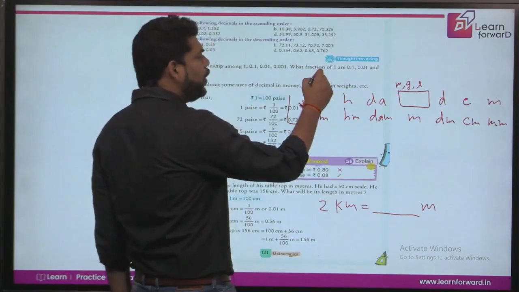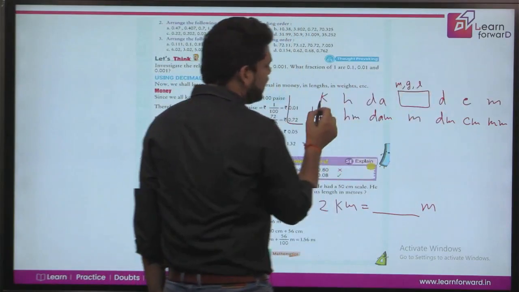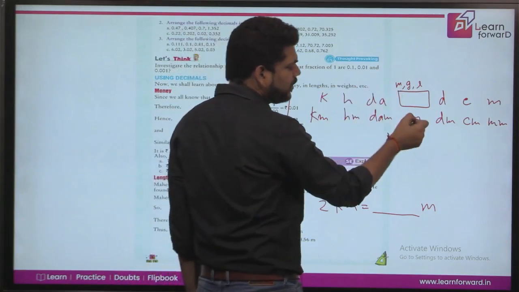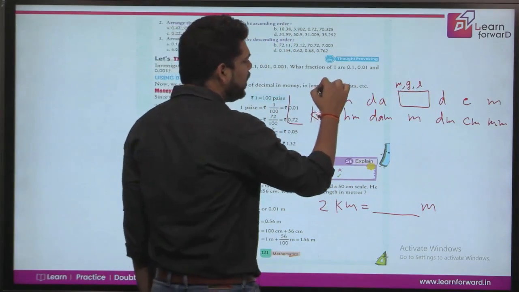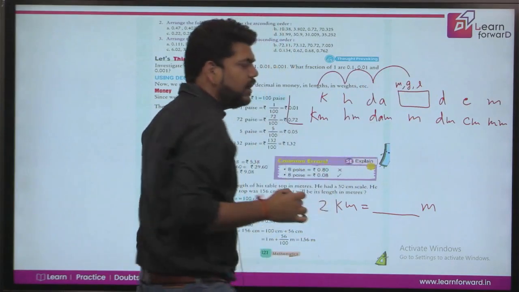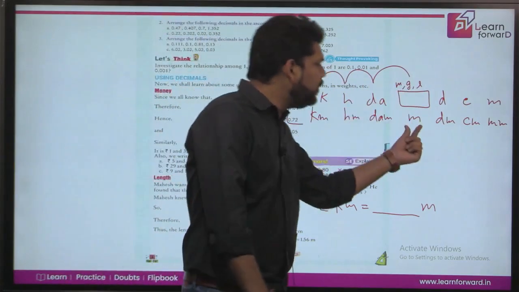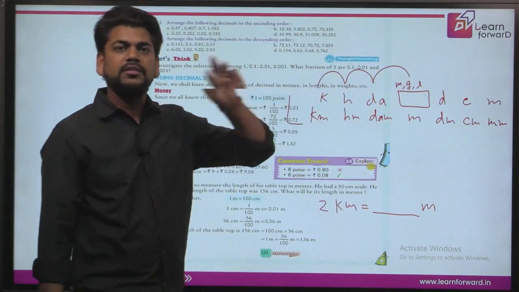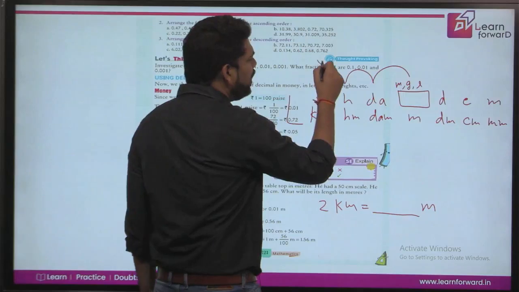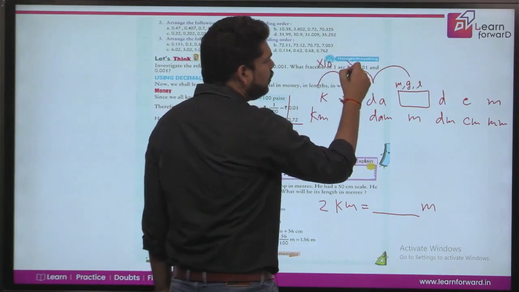If I am going on the right side, let's suppose I am on kilometer, I want to go to meter. How many steps do I need to take? 1, 2, 3. From kilometer to meter, how many jumps do I have to make? 3 jumps. If I am going on the right side, I will multiply by 10 on each step.